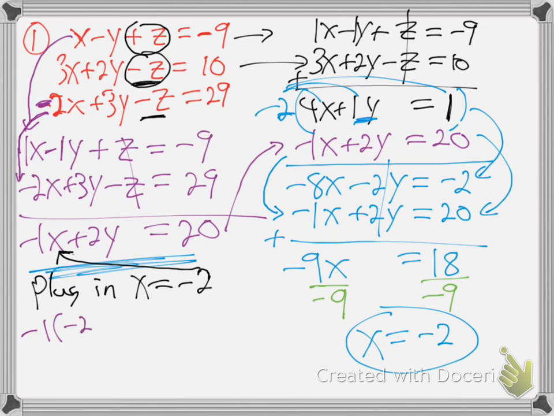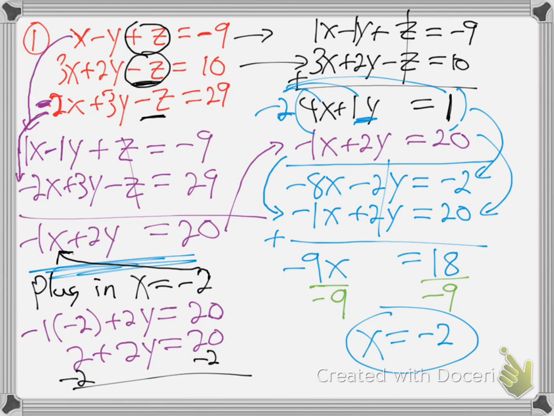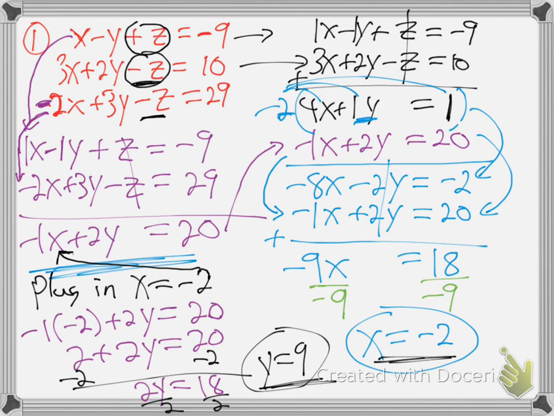Negative 1 times negative 2 plus 2y is 20. So 2 plus 2y is 20. Subtract 2 from both sides. 2y is 18. Then divide by 2. So y is 9.